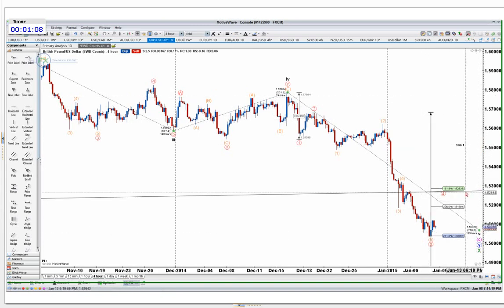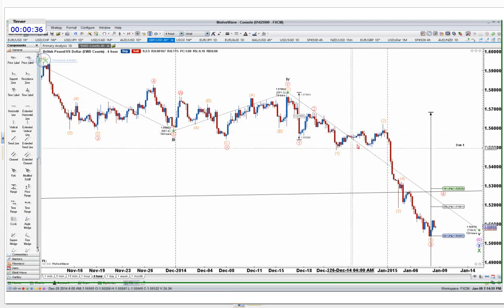So we've targeted wave 3 versus wave 1, and we have reached the 261.8% projection of the wave 1. Okay, so that's a target. If we go below this, then we're gunning for 423.6. But in the meantime, we've counted a nice 5-wave sequence here, and we are looking for a correction back up.